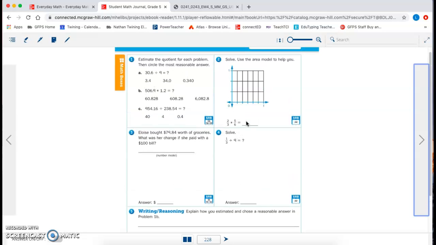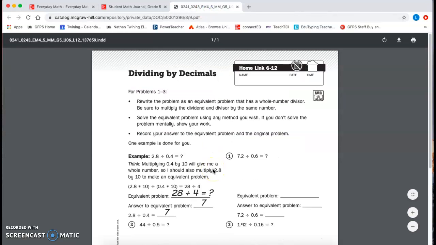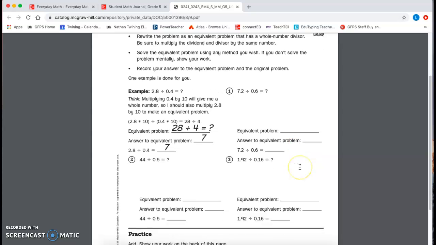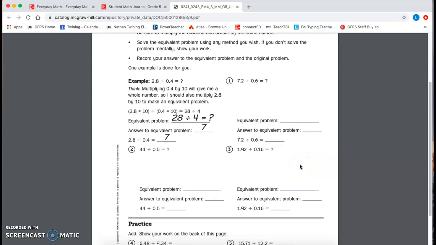The last thing that we need to take a look at is our home link. And our home link is exactly the same. We're using an equivalent problem, the answer to the equivalent problem, and then how that answer applies to the actual problem that we did.